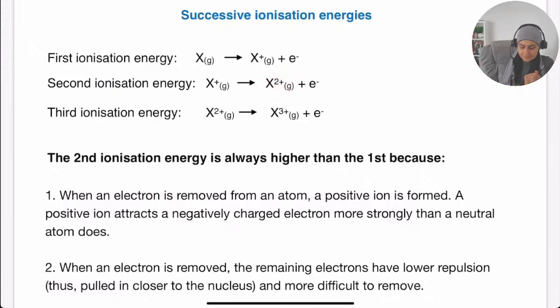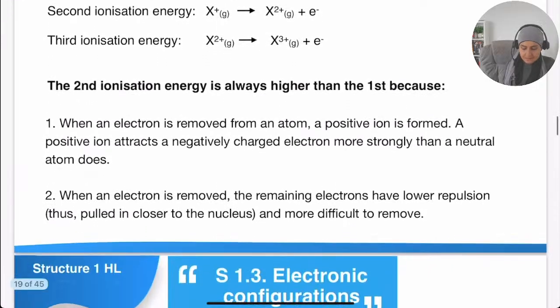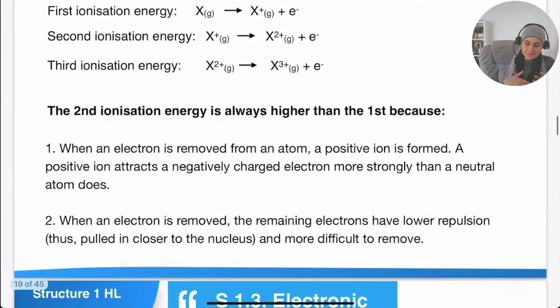And every successive ionization energy is always higher than the previous one. For example, let's explain why the second ionization energy is higher than the first. It means that you need to supply more energy to remove the second electron than to remove the first electron. So why?